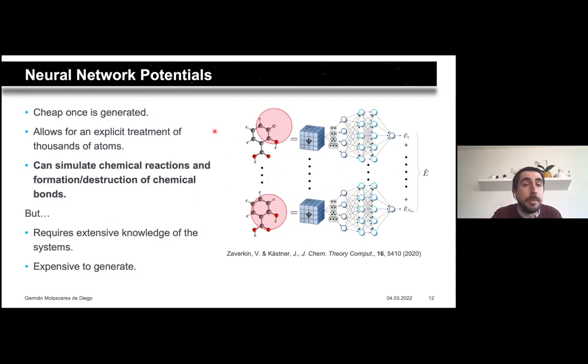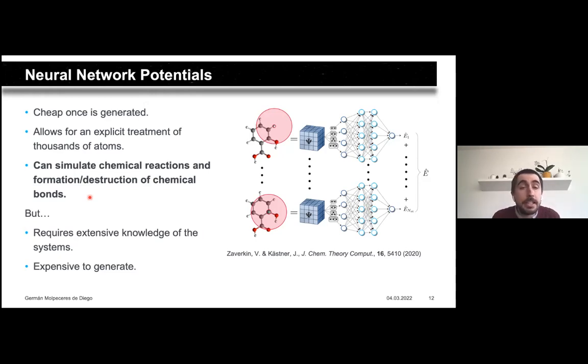It has a series of advantages that are, for example, that these methods are very cheap once they are created, allow for an explicit treatment of thousands of atoms at the same time, and of course, they are able to simulate chemical reactions. So chemistry can be studied with these methods. However, using these methods requires a lot of knowledge on the systems that we are studying in order to be reliable.